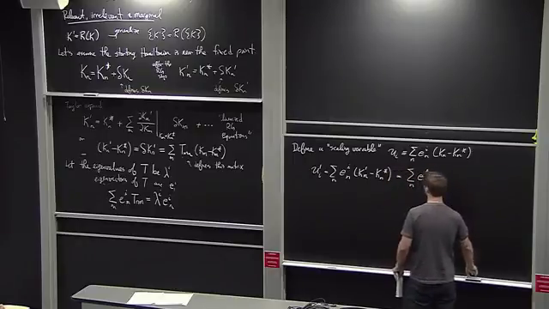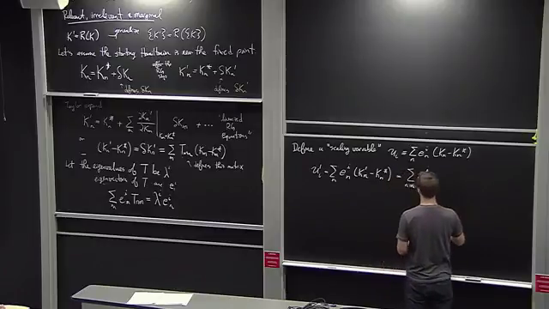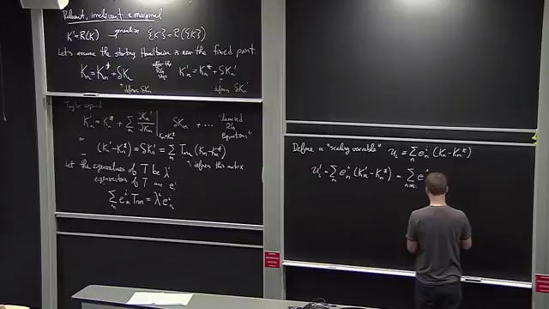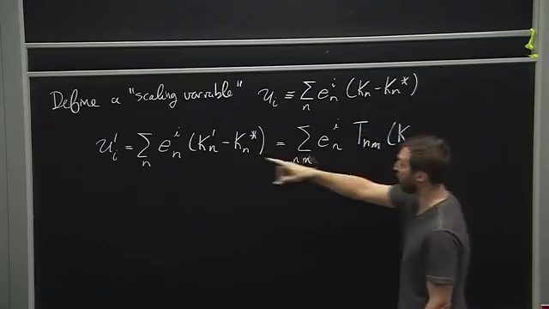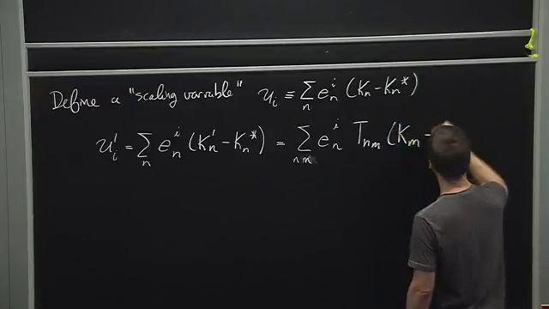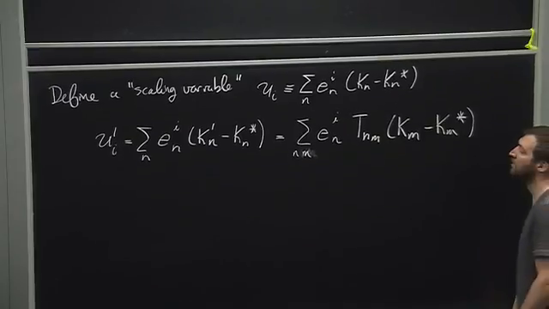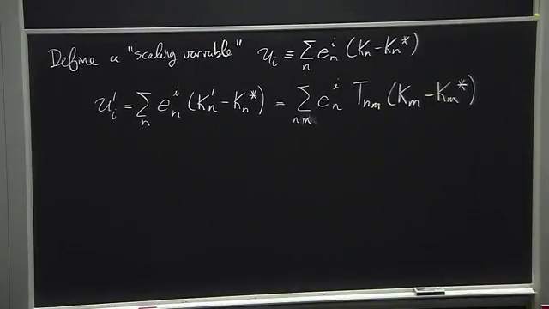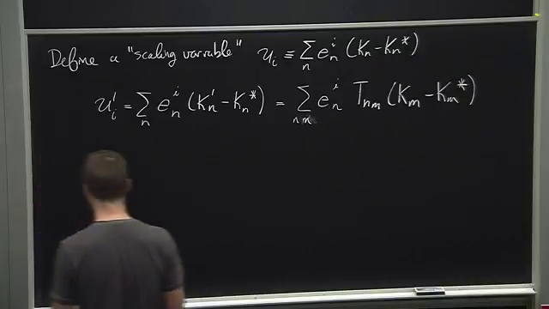So I have a sum over n, m, e^i_n, now I have that matrix, P_nm. And what I've done is I've replaced the prime with the unprimed M. But I have a definition of a scaling variable, so I actually know how to relate this to the eigenvalue.